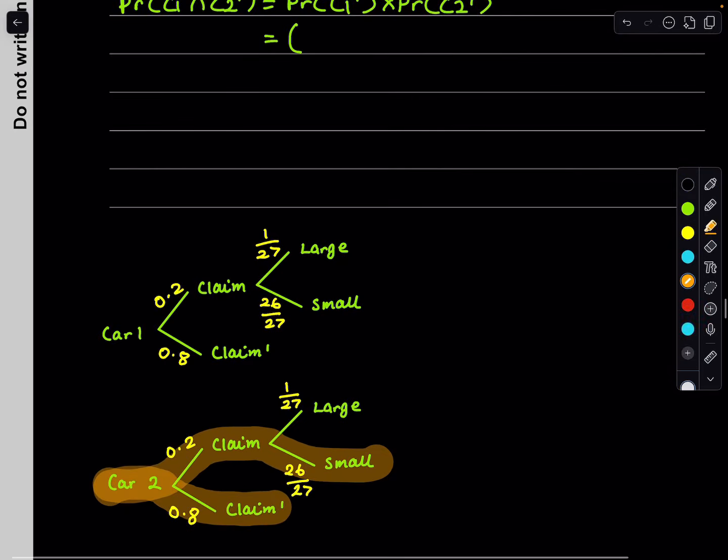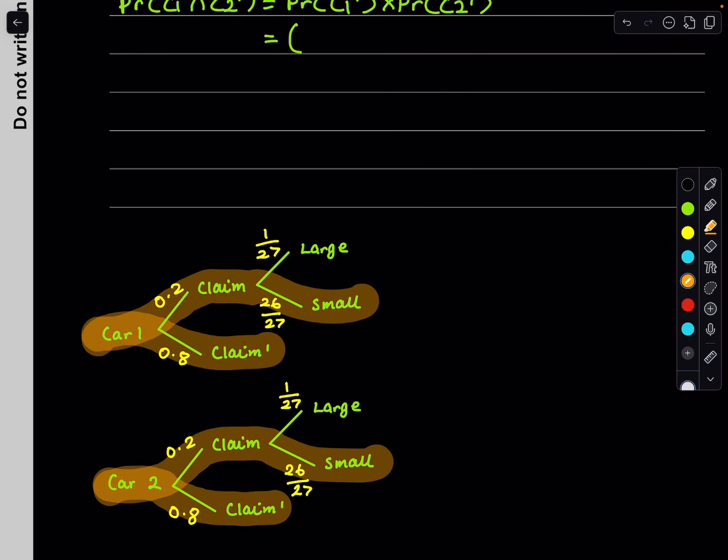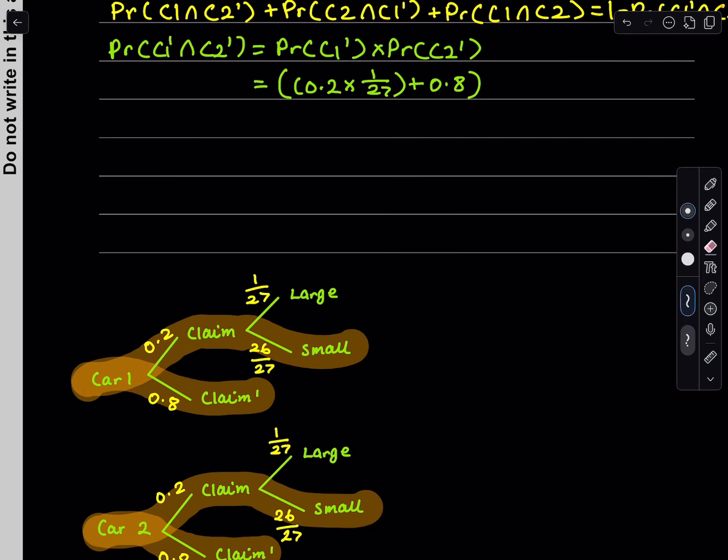Car 1 can claim but then it's small, so 0.2 times 1 over 27, plus it doesn't even claim, so 0.8. That is that probability for car 1.